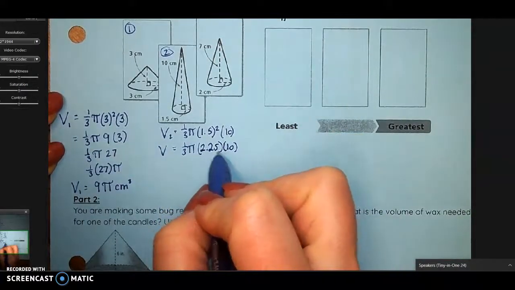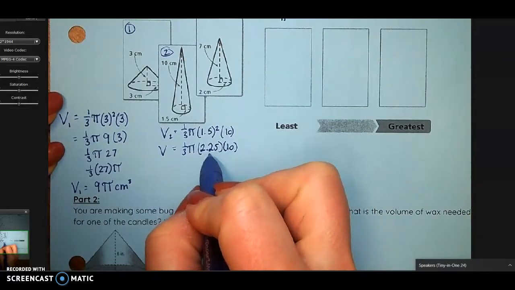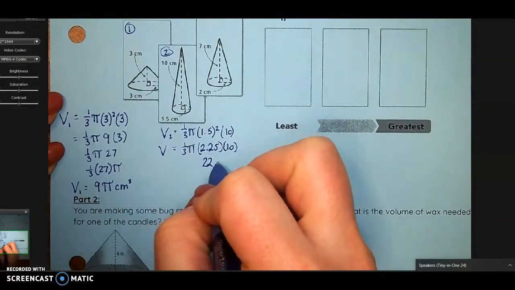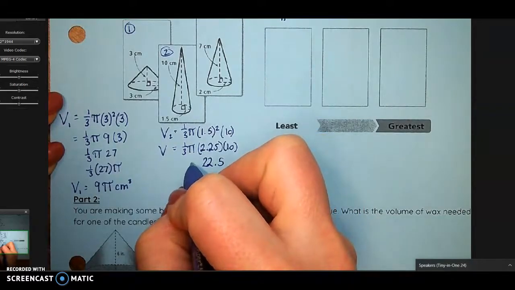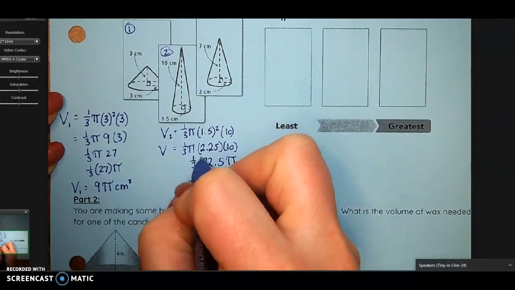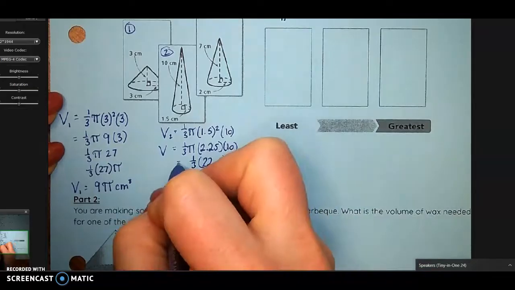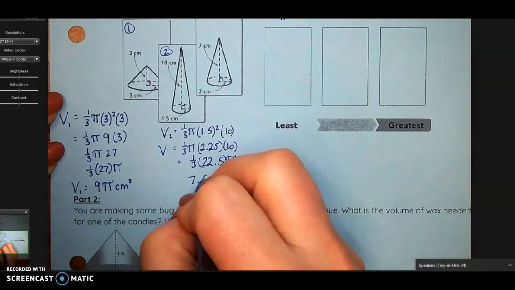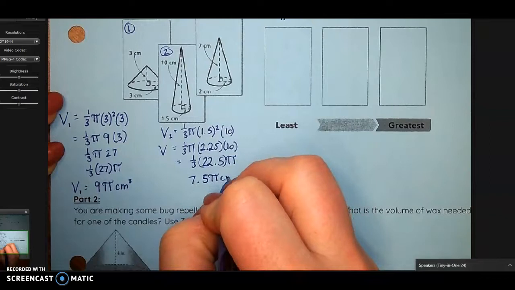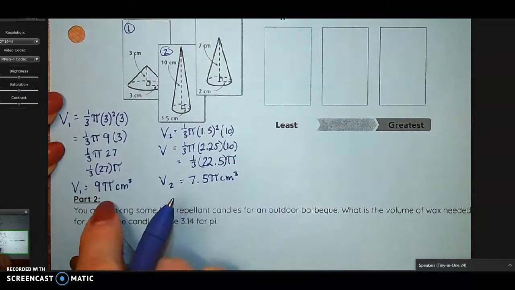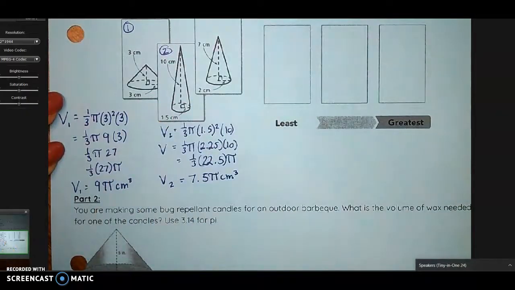When I multiply something times 10, remember it just moves the decimal point over one place, makes it 10 times bigger. So 22.5. And I'm going to go ahead and put my pi here, and I'm multiplying by 1/3, which means I am dividing by 3, which gives me 7.5 pi, and that is still centimeters cubed. So this one's a little bit smaller than the first one, even though this one is so much taller.